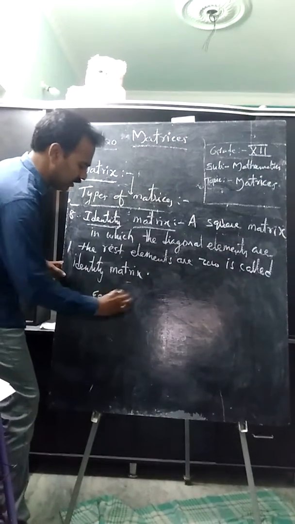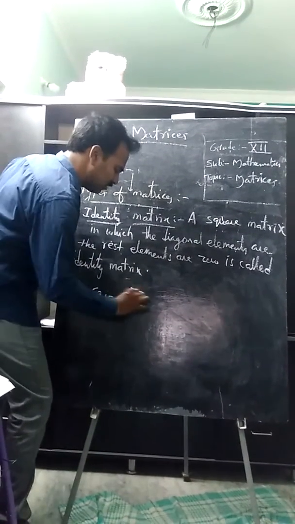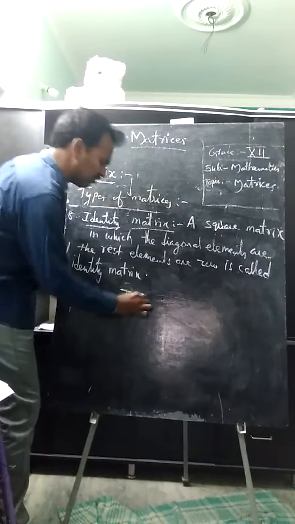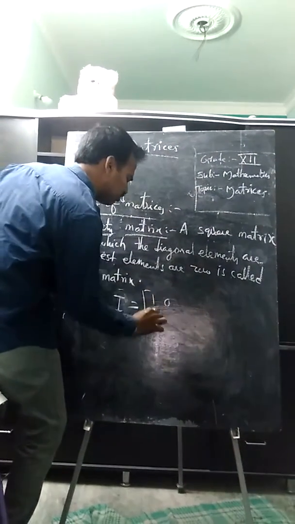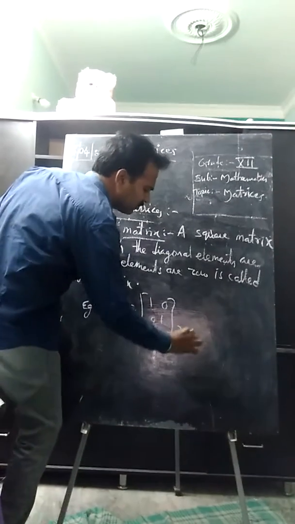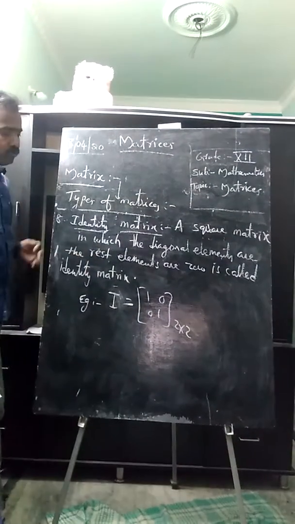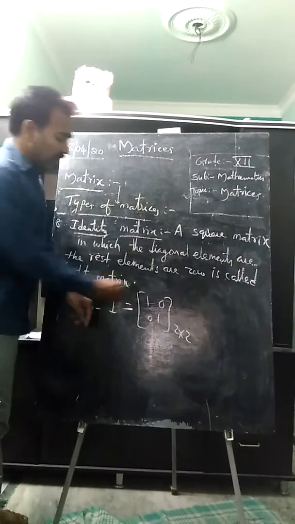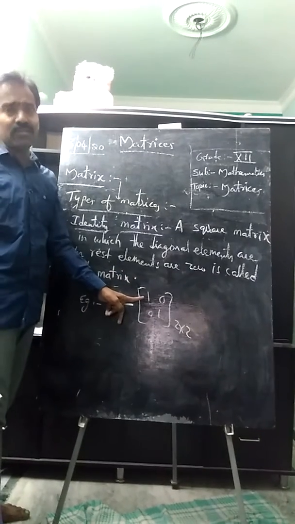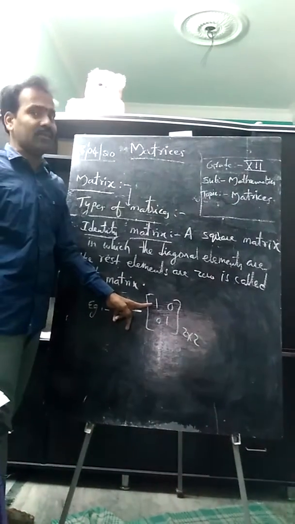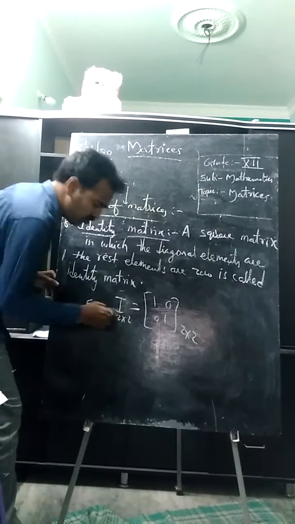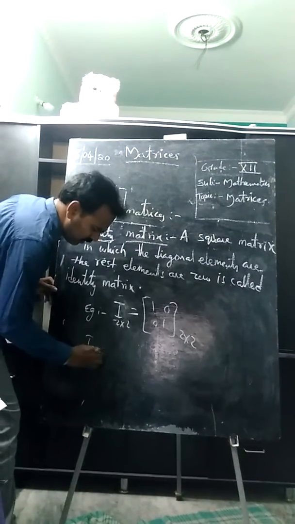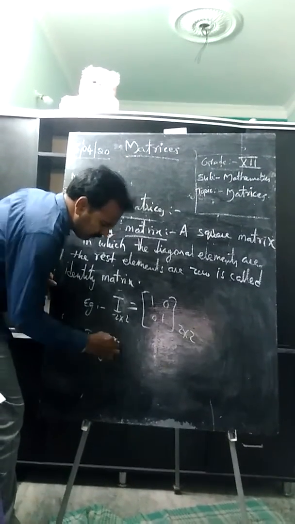Let us take examples. Matrix A. Generally, we represent identity matrix as I, students. So 1 0 0 1 is my identity matrix of order 2 by 2. One thing to observe, it is a diagonal matrix, and as per the definition it is a scalar matrix also. Now the identity matrix in 3 by 3.